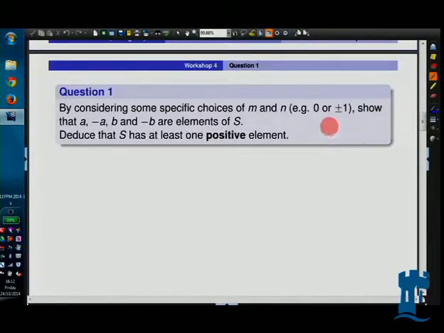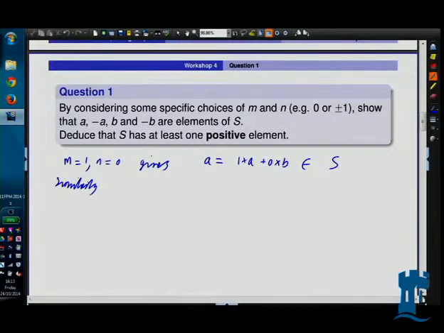Okay, I'm going to give you my version of this, but there's plenty of ways to express it. So M equals 1, N equals 0 gives A equals 1 times A plus 0 times B is in S. And similarly, B equals 0 times A plus 1 times B is in S. That's M equals 0 and N equals 1.